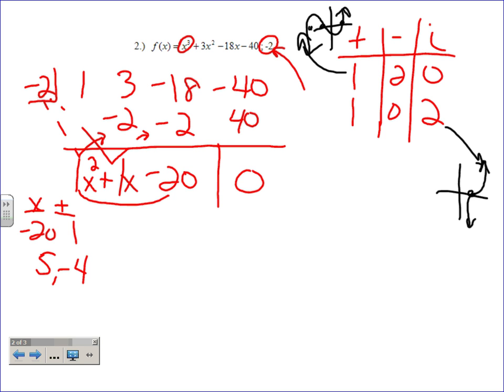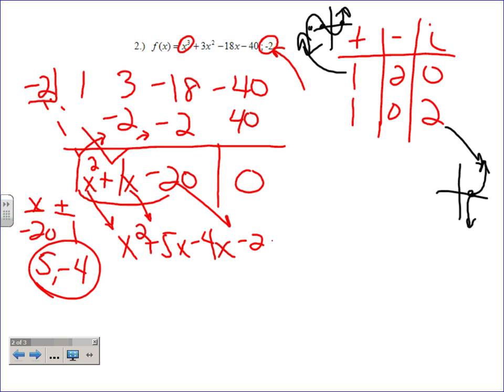Now, once again, I'm going to go through this factoring just to help people out. You bring this term down. You take these 2, and this one gets split into it. So plus 5x minus 4x, because if I put those together, it is 1x. And then the -20 comes down. So x plus 5.